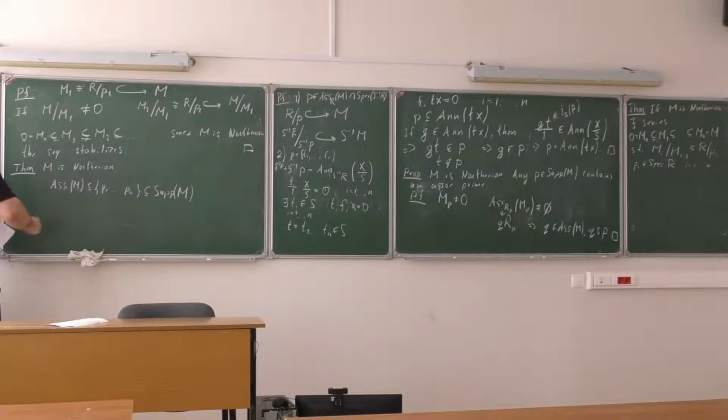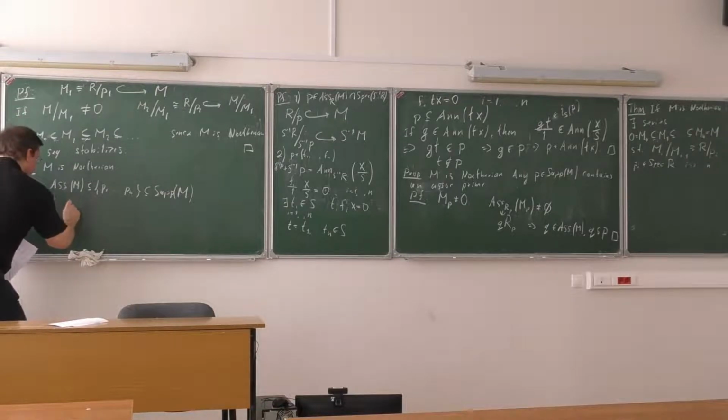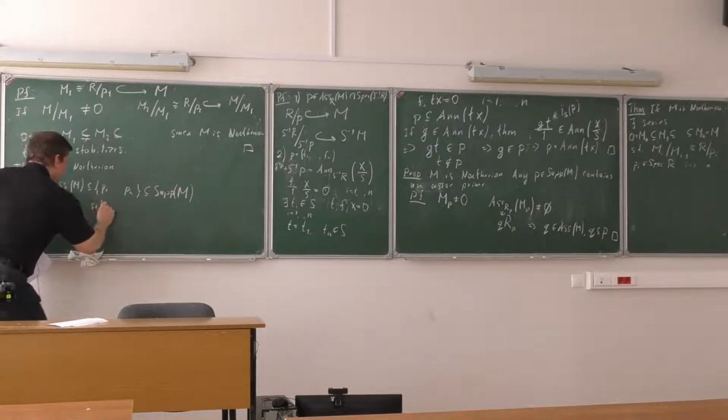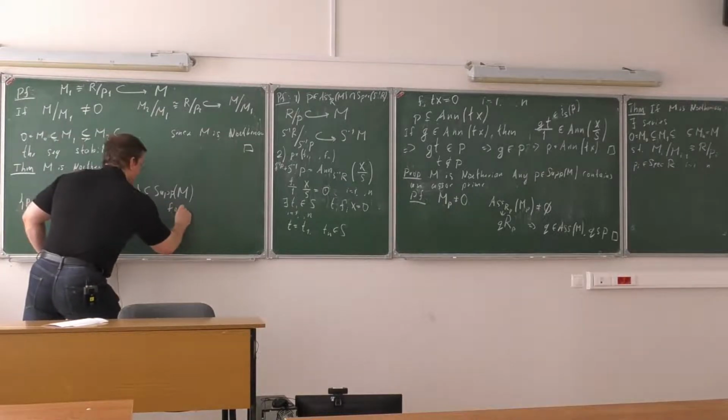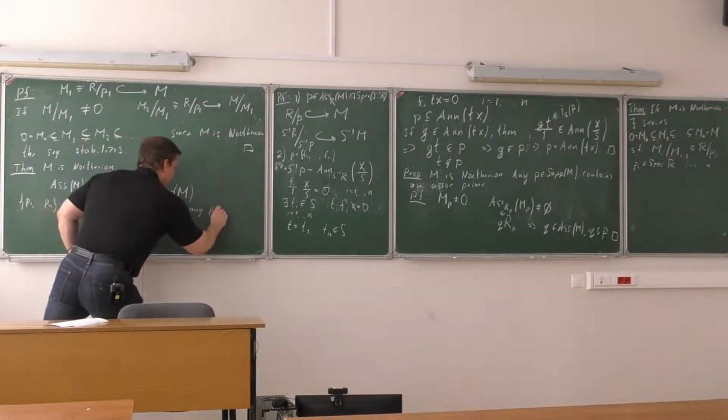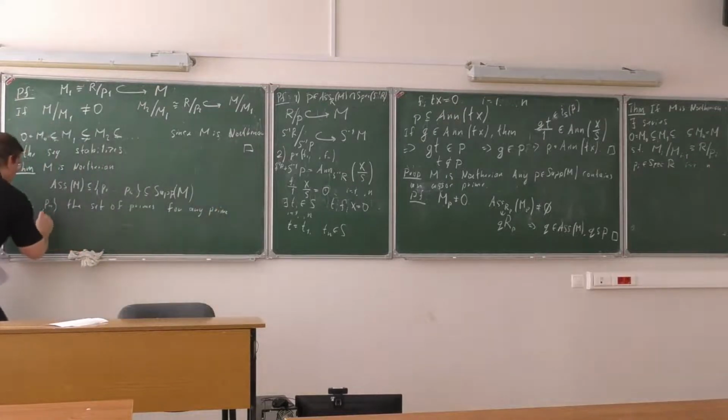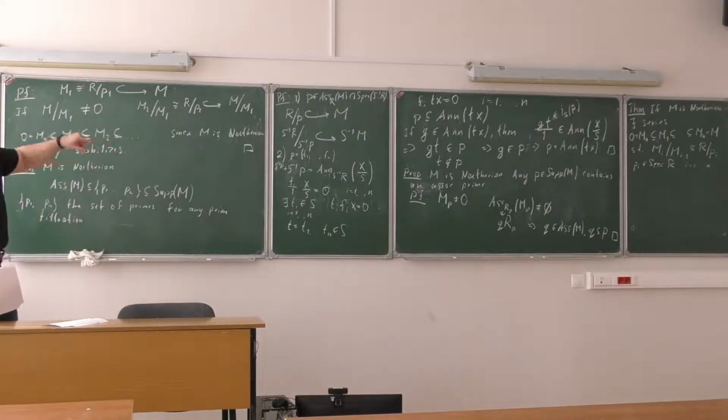Let me say that this set in the middle is the set of primes for any prime filtration. This chain of submodules is sometimes called a filtration, and let's call this a prime filtration if all the subquotients are quotients by prime ideals.